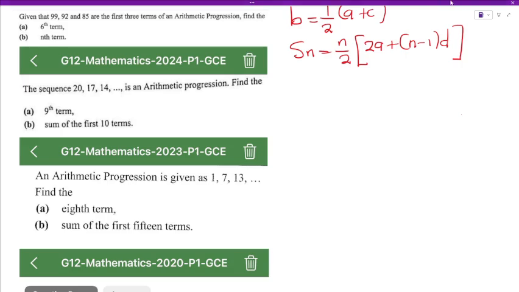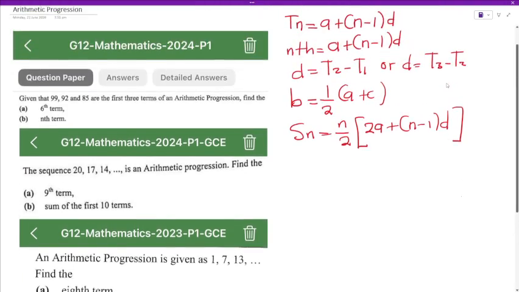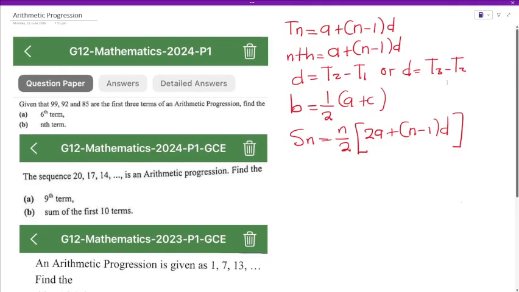So the first example is coming from 2024 paper 1. Okay, let me leave the formulas for reference. So the question says, given that 99, 92 and 85 are the first 3 terms of an arithmetic progression.